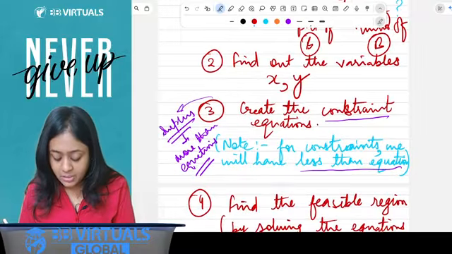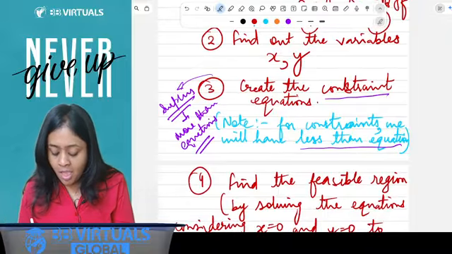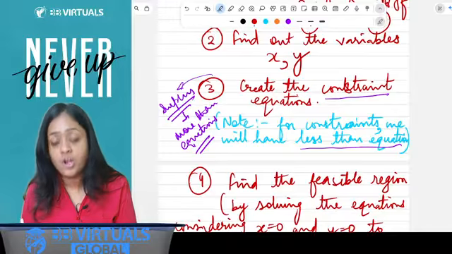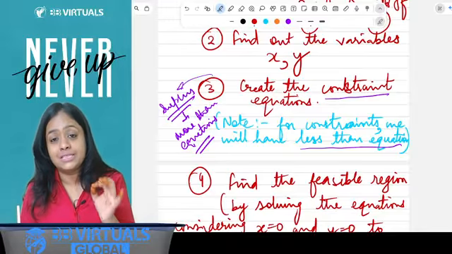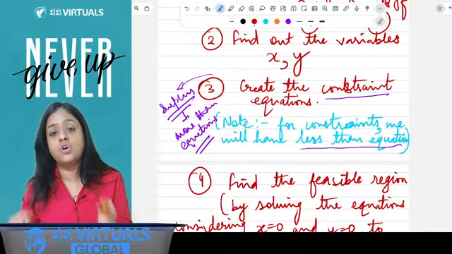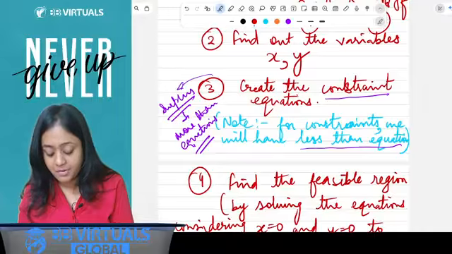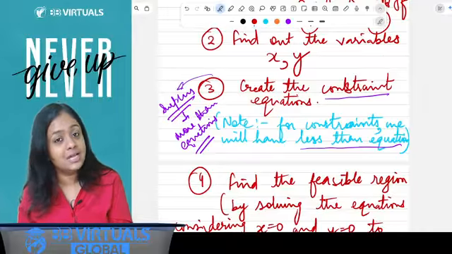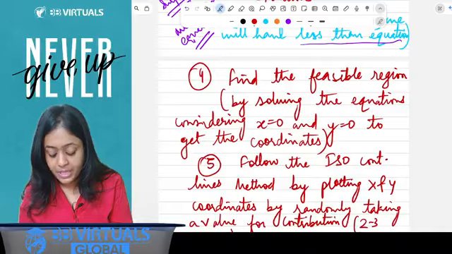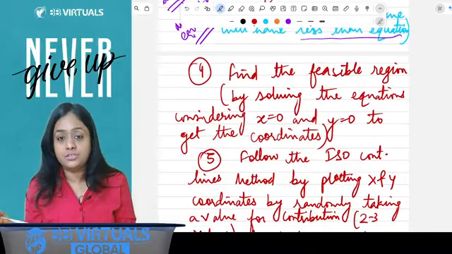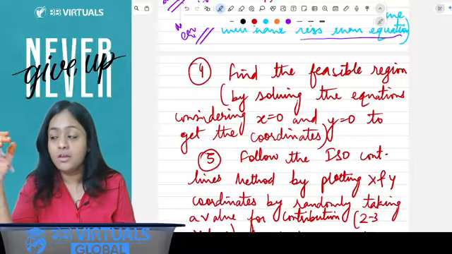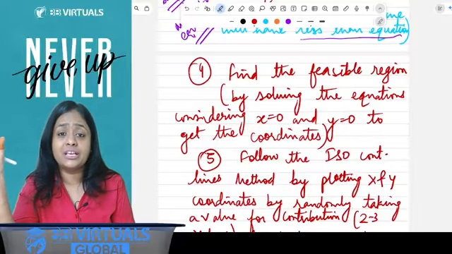Now we will create the constraint equations. Note, for constraints we will always have less than or equal to equations, because constraints always mean that there is something which is always less. So we will create these constraint equations which are less than or equal to equations. Now once you create the equations, the next step is you have to get the coordinates of x and y.